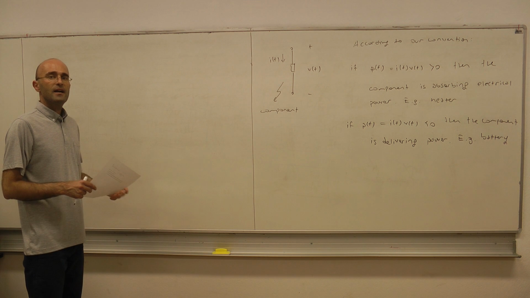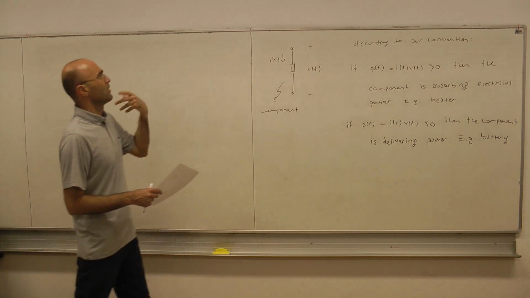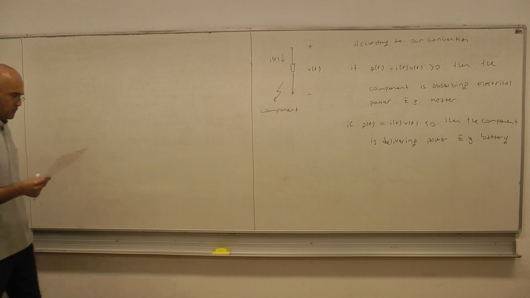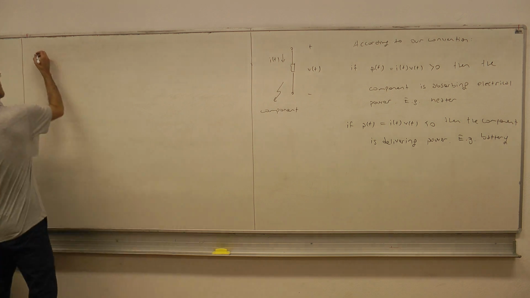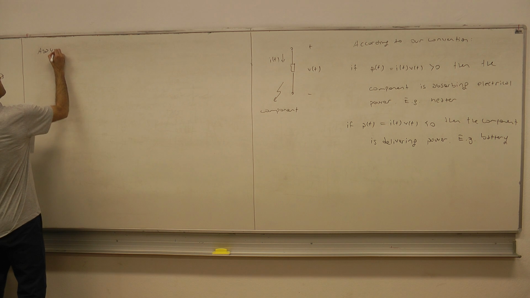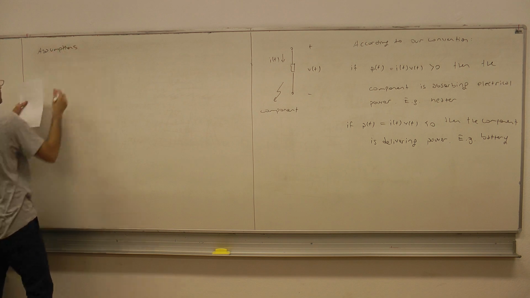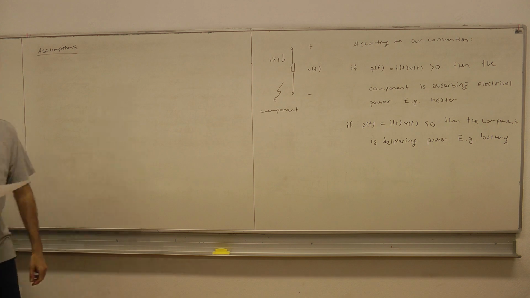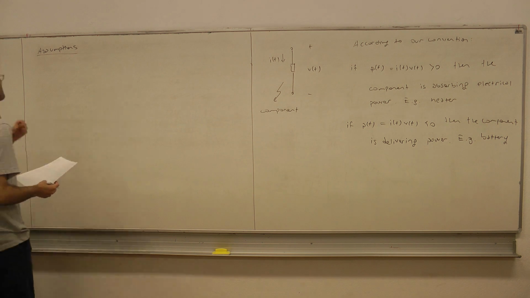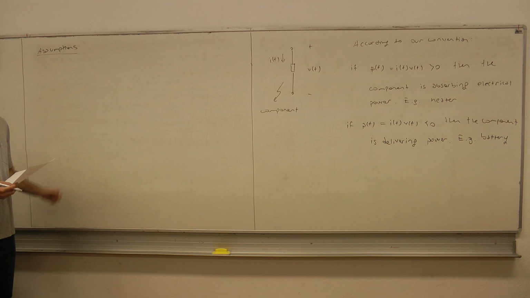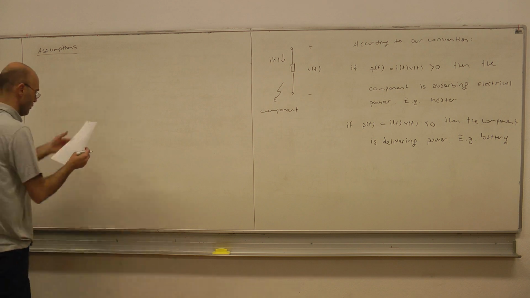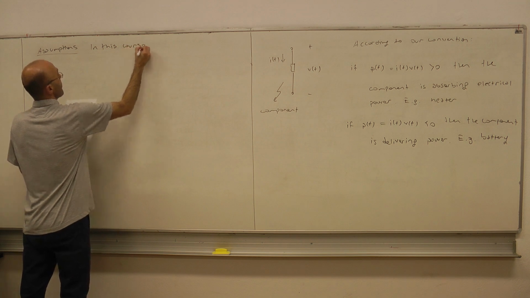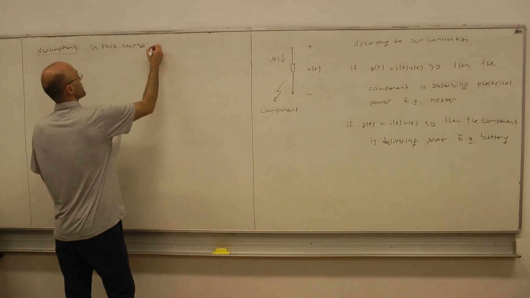For that, we need to make certain assumptions to simplify life, and the assumptions that will simplify our computations, but will not hurt us from the accuracy point of view, are the following. In this course, we make the following assumptions.